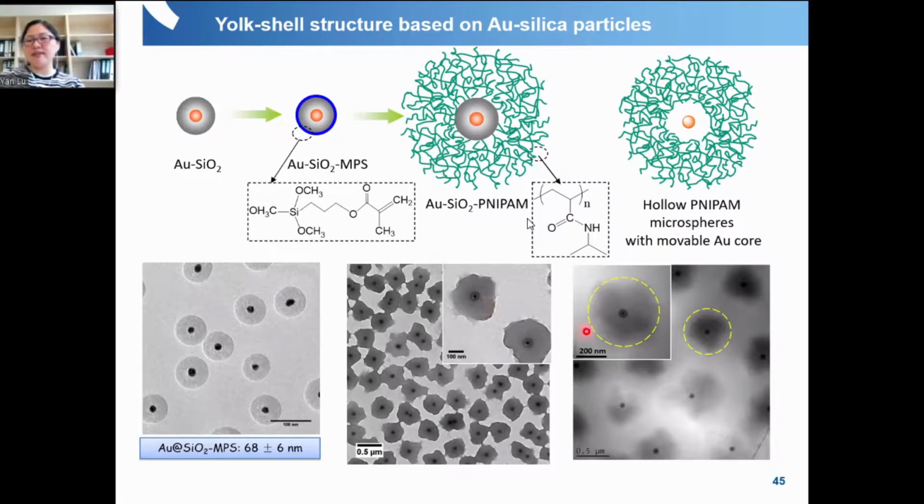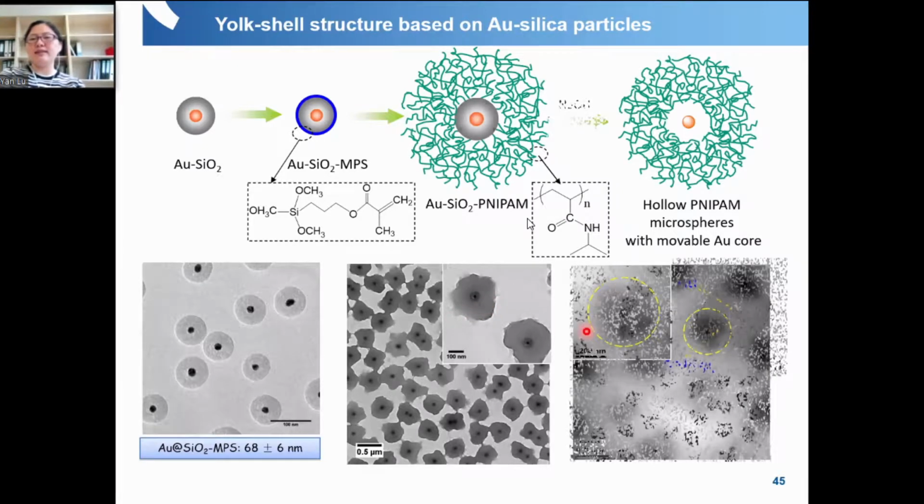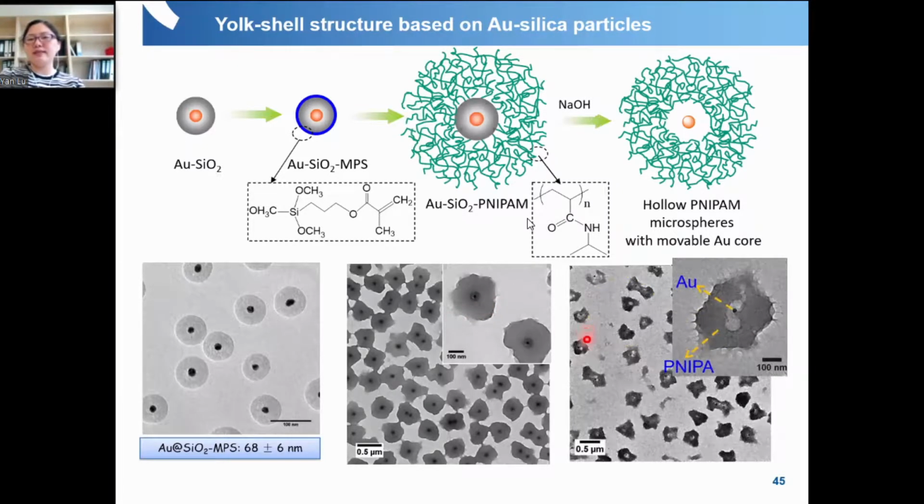And then as the last stage, the silica shell can be etched by sodium hydroxide, so under base conditions. And then you will get a kind of yolk-shell particle.